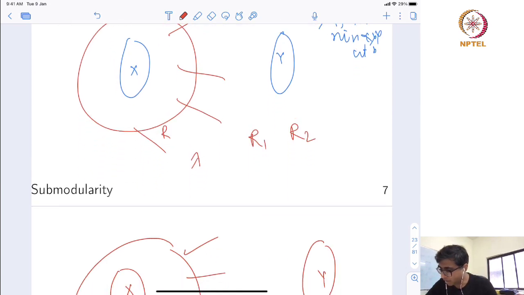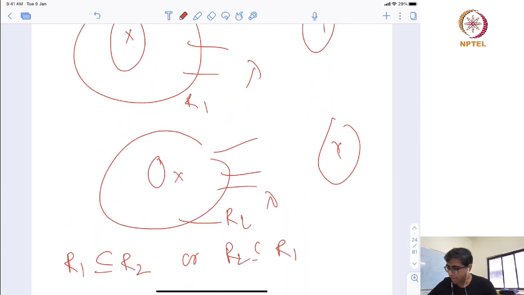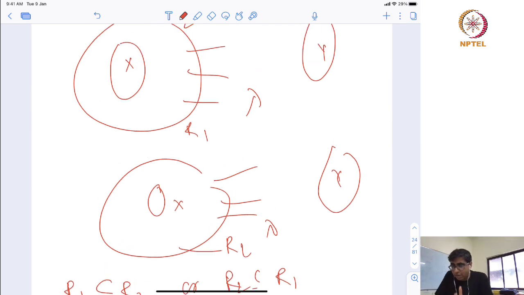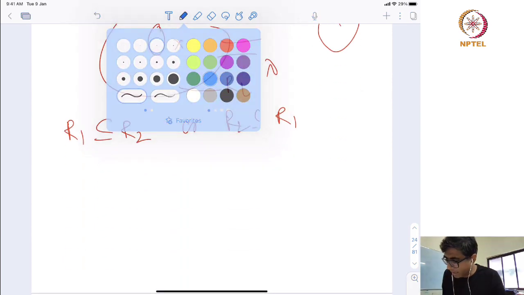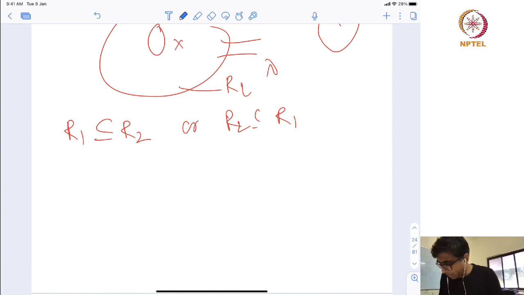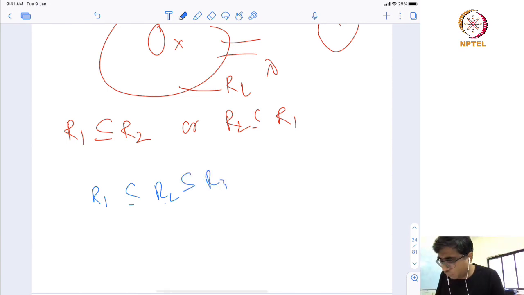So if there are two R's such that they are min cuts, where the number of edges going out is the min cut, then one of them is contained inside the other. Suppose you took one which is contained inside the other. Now what about R2 and R3? Maybe it is contained inside R3, and so on and so forth.